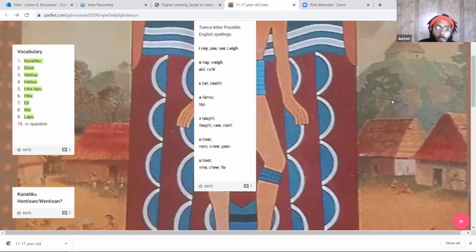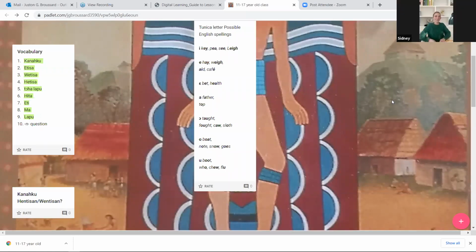Ima Justin Etisa. Kanak Hetisa. Ima Sydney Atisa. Ati Malapu. Imalapu. Let's see. Meg. Henny.